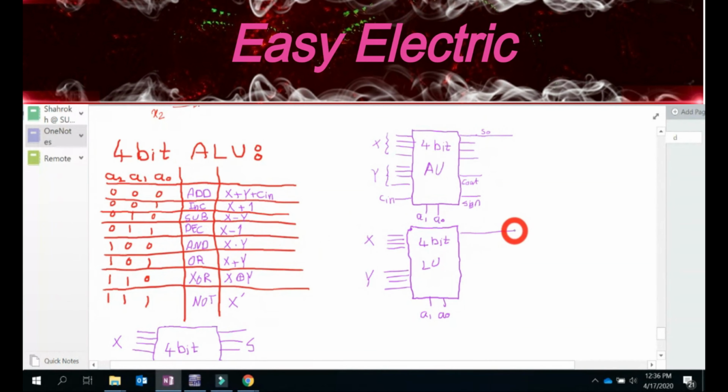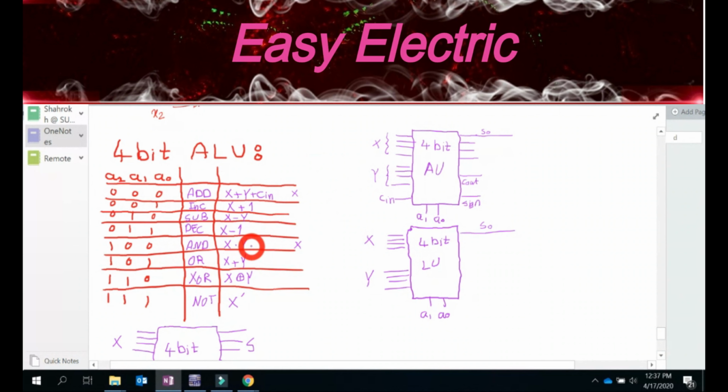So you have the AND of these X and Y, and that is inside this. I'm talking about this case and this case. Forget about A2, ignore A2, and whenever A0 and A1 are 0, 0, this one produces X plus Y, you have S0 for that, and this one produces X and Y.